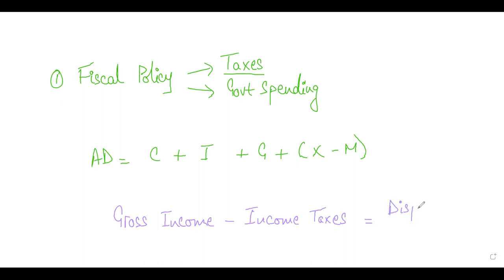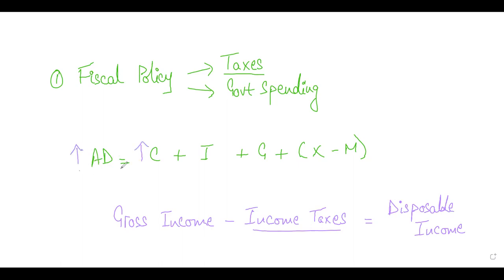If the government takes more taxes, then I will be left with a lower amount of disposable income. And therefore, when taxes are lowered, there will be more consumption. Excellent. There will be more consumption and the aggregate demand will increase.